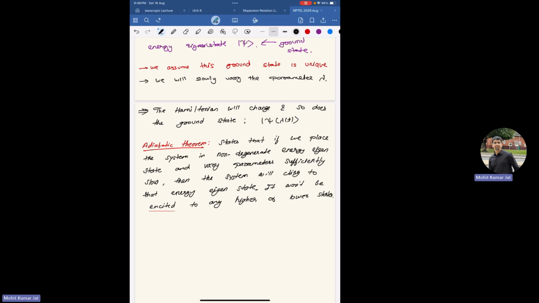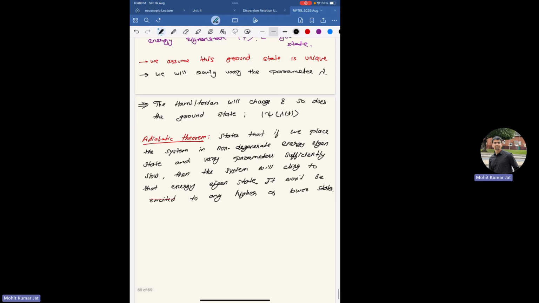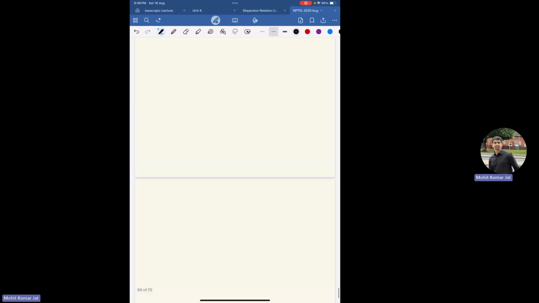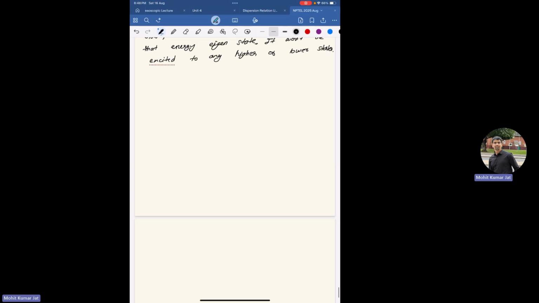Now, how slow you have to be in changing the parameters depends on the energy gap between the state you are in and the nearest states in the system. Generally people say we have to go slow, but how do you define slow? How slowly should you vary lambda?